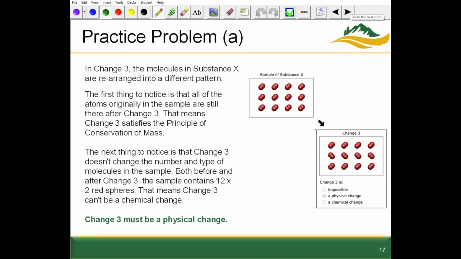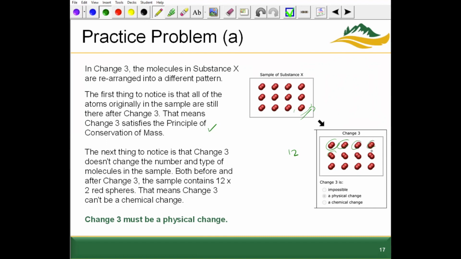Now, the next one here, this does also obey the principle of conservation of mass. We still have 4 times 3. We still have 12 of these different diatomic elements present. And the only thing we can see that looks different is the directionality of these diatomics. So first they're kind of pointing this way. And then in this format, they seem to be altering like this.